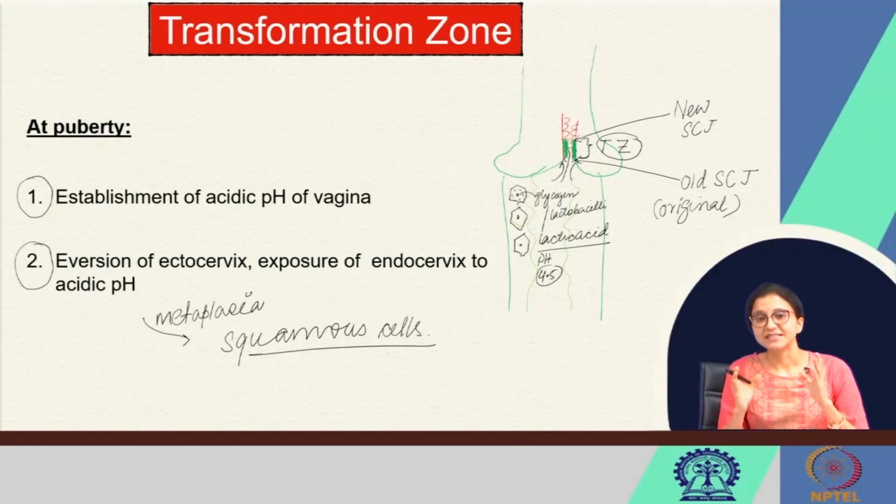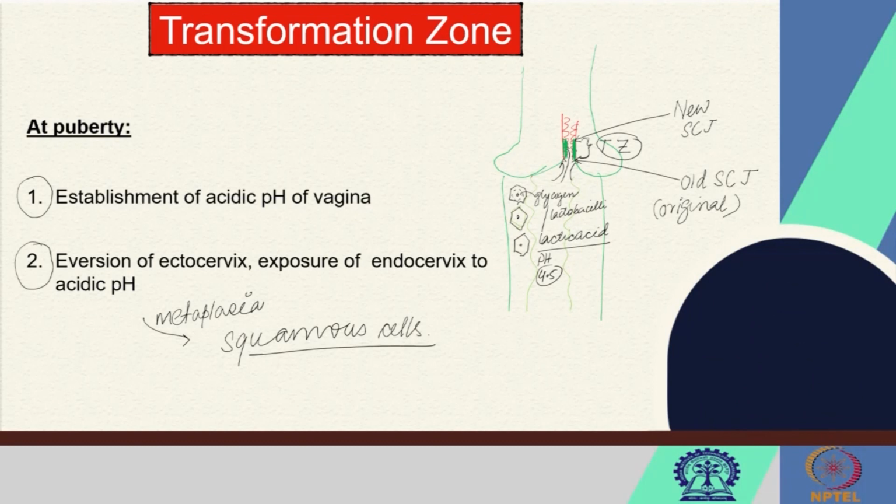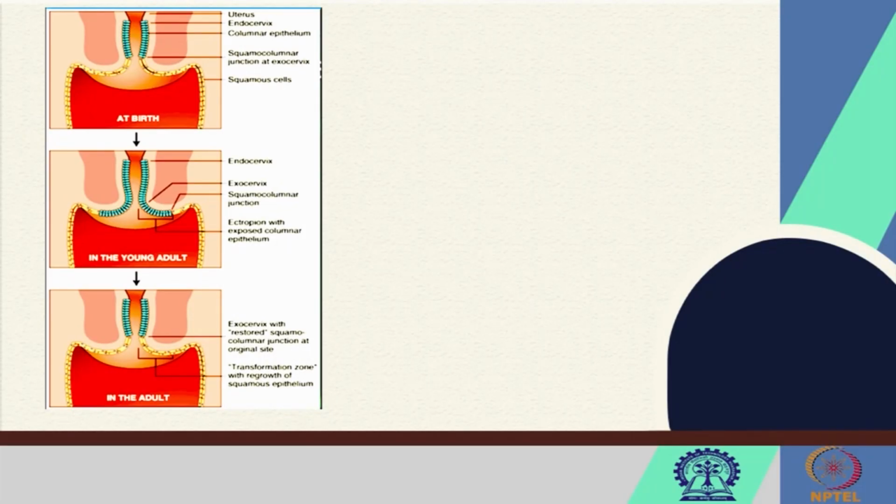This area is very sensitive. These cells are continuously undergoing metaplasia, it is very sensitive and it is likely to get damaged by various insults, like any change in the environment, any change in the organism, it can get converted.